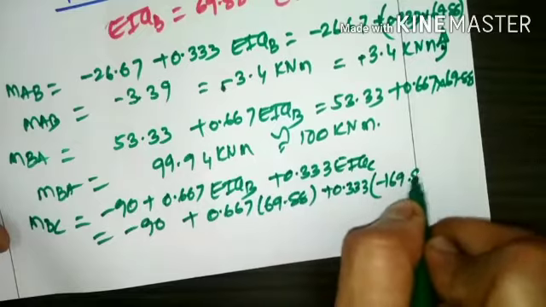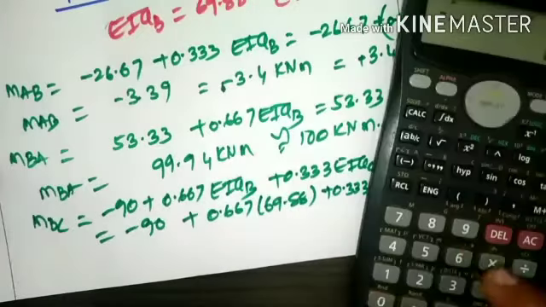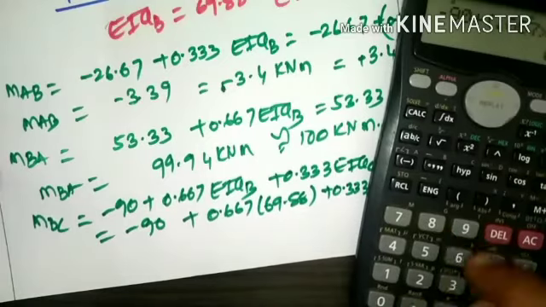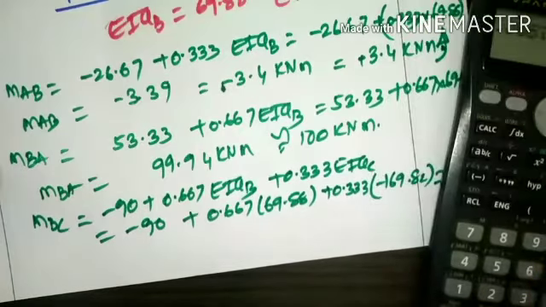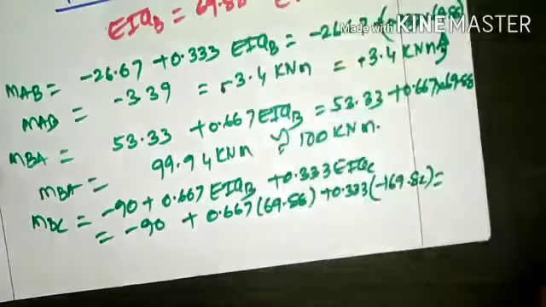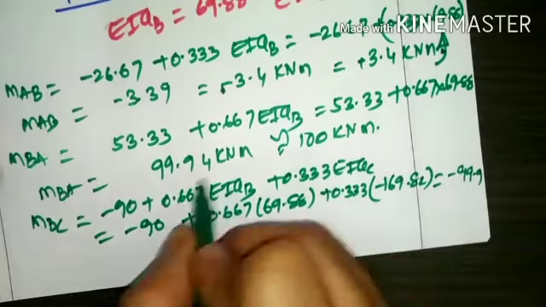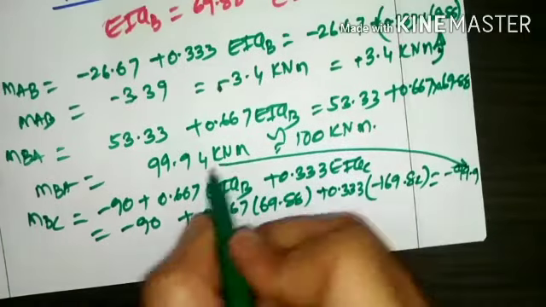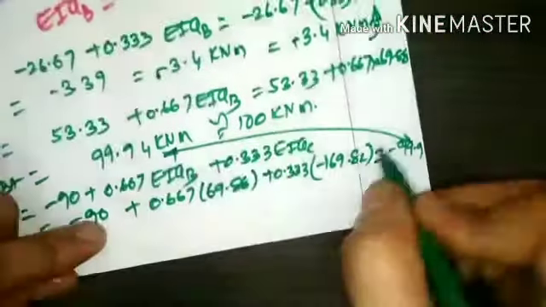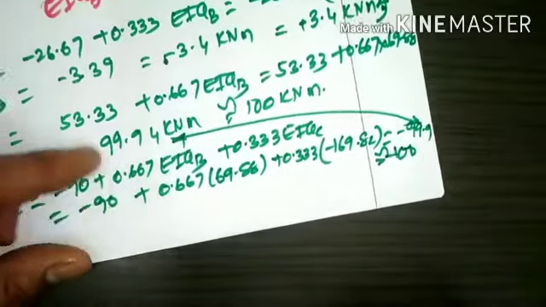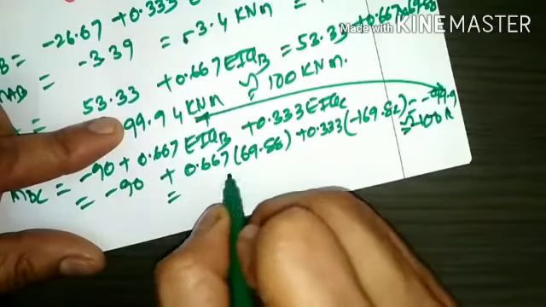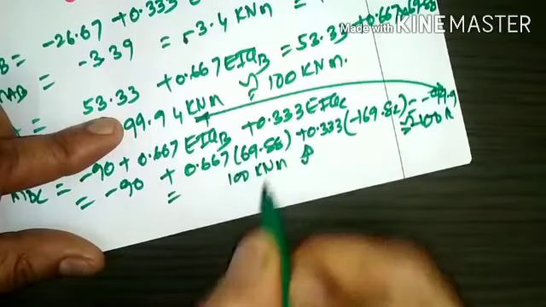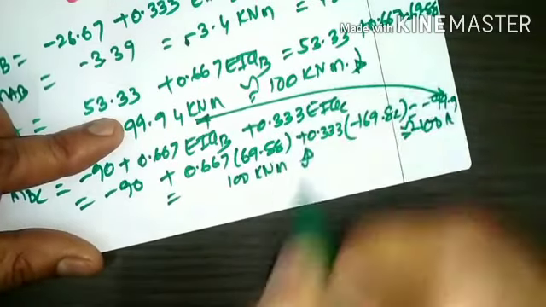So minus 90 plus 0.667 into 69.88 plus 0.333 into minus 169.82 comes out as minus 99.9. So the same value that we had got here, plus 99.9 and minus 99.9. If we add both, again it should come out as 0. So you can straight away consider it as approximately minus 100 kilonewton meter. Minus 100 means it is in anti-clockwise direction, and this is in clockwise direction because it is positive.